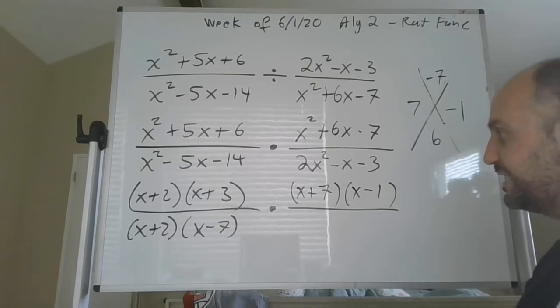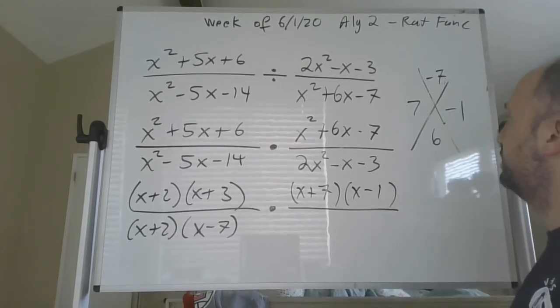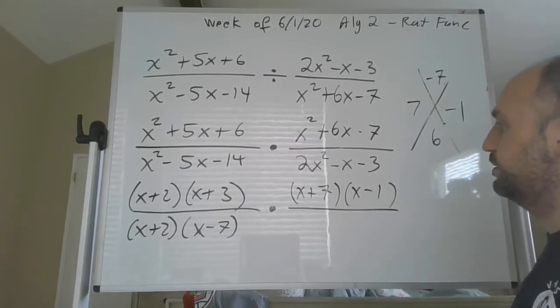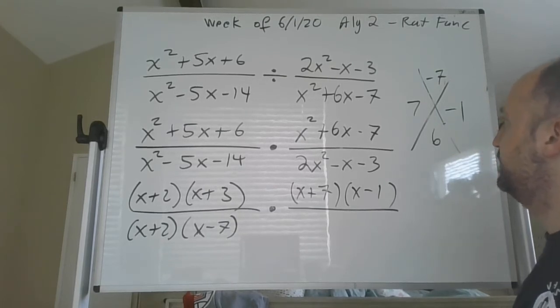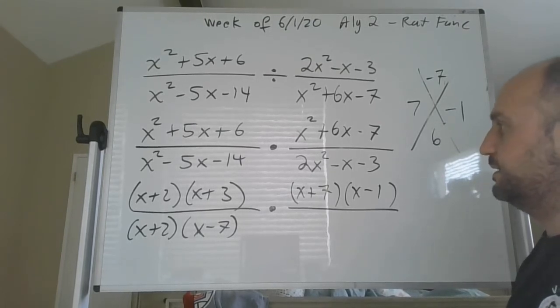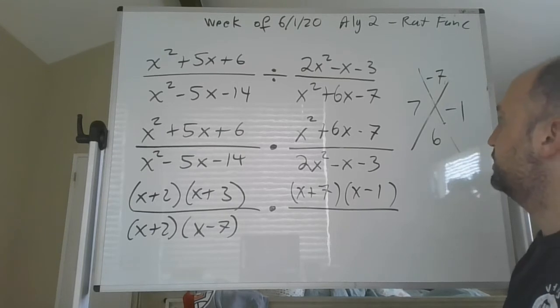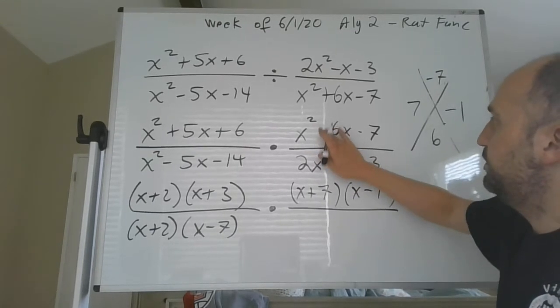Okay, last, and wait a minute. Did I do this right? I may not have. No. I did not do this one right. This one was supposed to be a minus 6x.